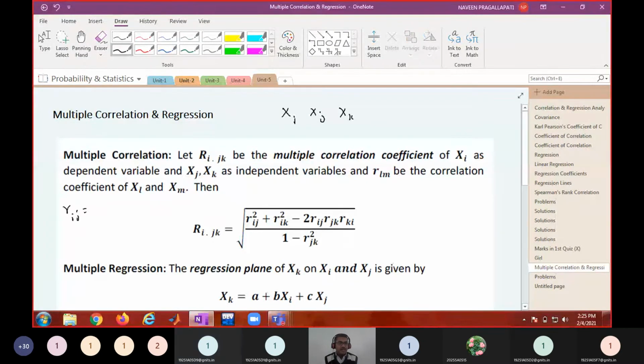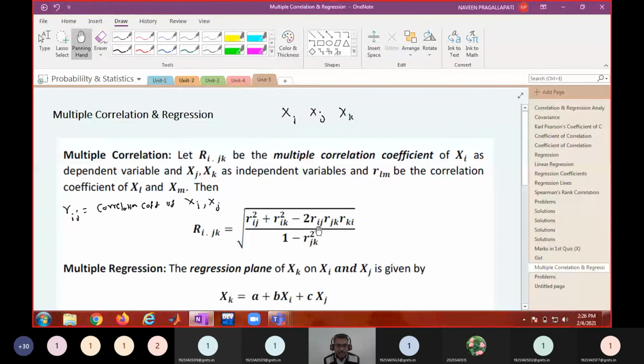Rij is the correlation coefficient of xi and xj. And you know how to compute the correlation coefficient for two-dimensional data. Am I right? Take the square of that. Similarly, Rik is the correlation coefficient of xi and xk.